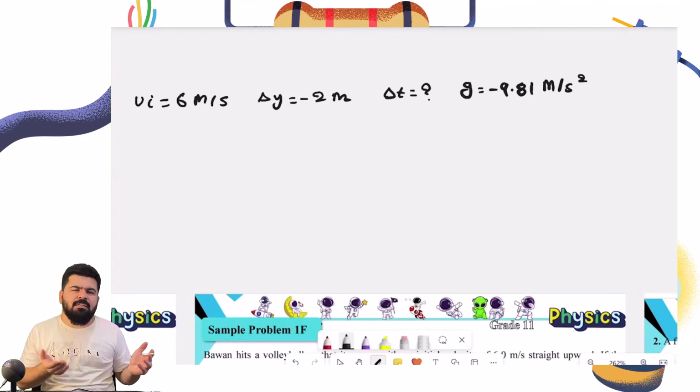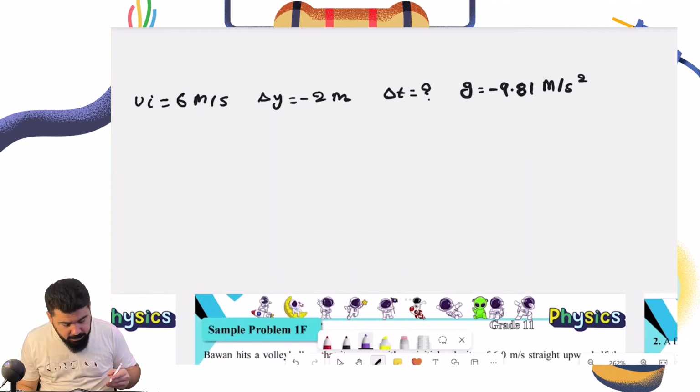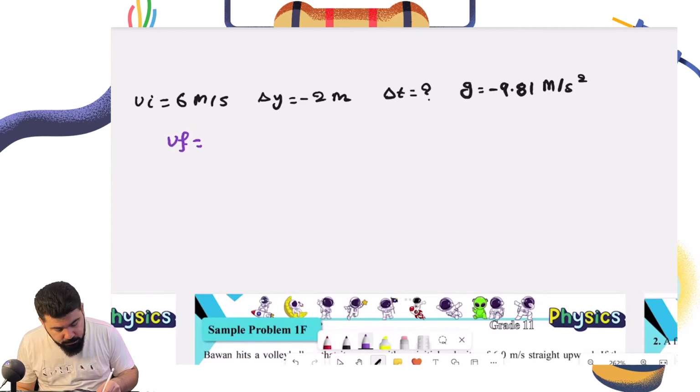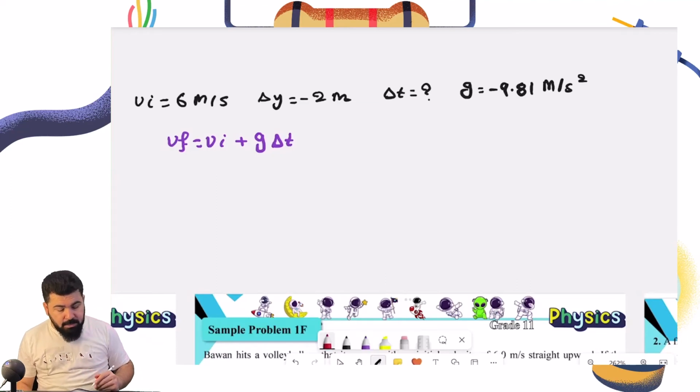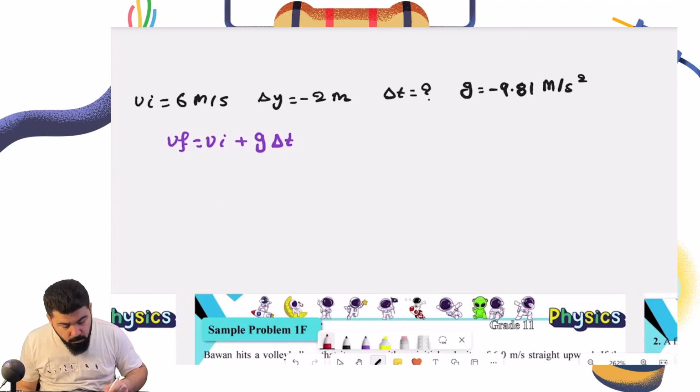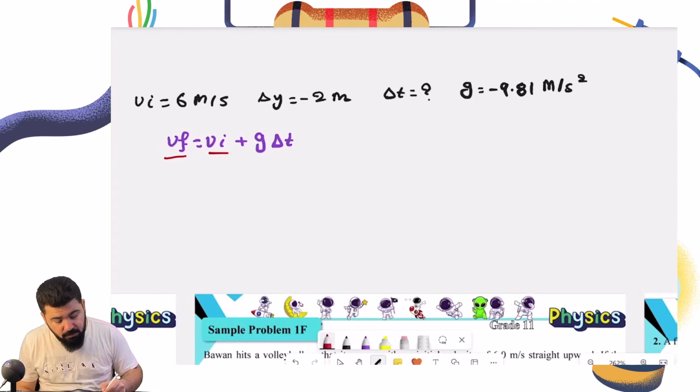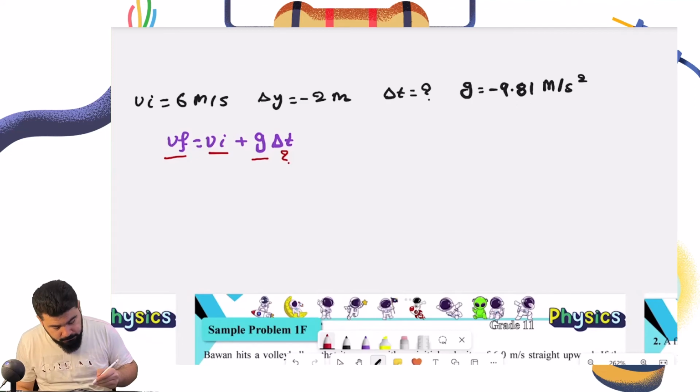We could use V final is equal to V initial plus g delta t. Let's take a good look at the givens. We don't have V final. We should first find V final. We have V initial, we have gravity, we need to find delta t. Let's first find V final.